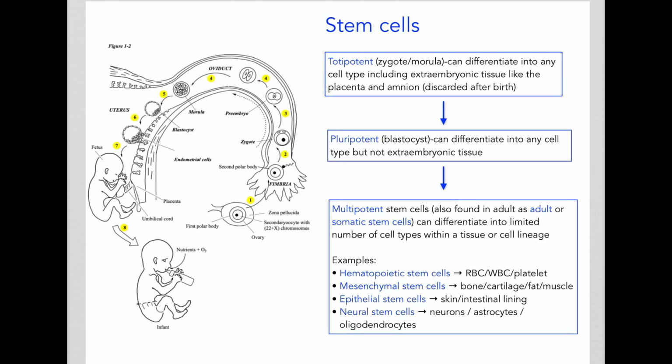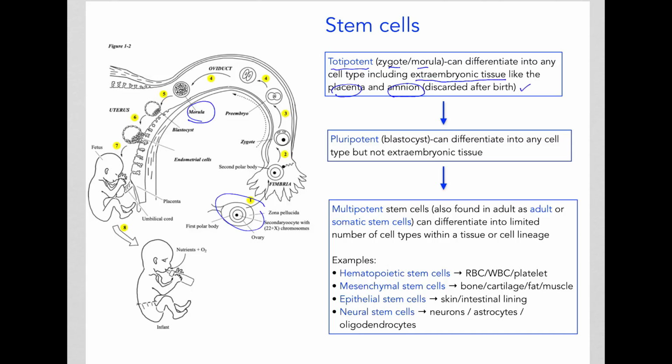A few definitions about stem cells. So we have totipotent stem cells. They appear very early on, for example, in the zygote and the morula. So the zygote as well as the morula are rich in totipotent stem cells, and these cells can differentiate into any cell type, including the extra embryonic tissue such as the placenta as well as the amnion.